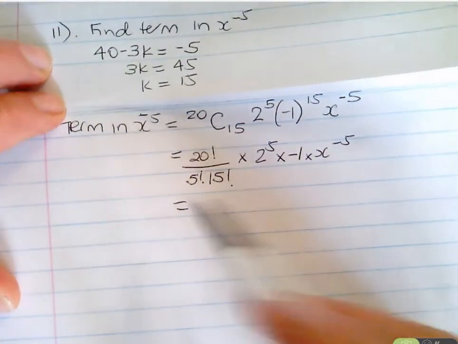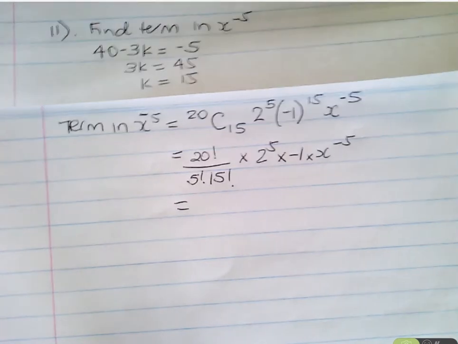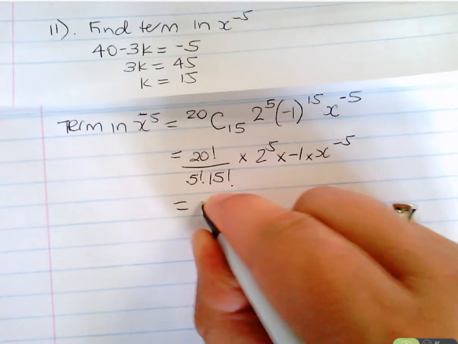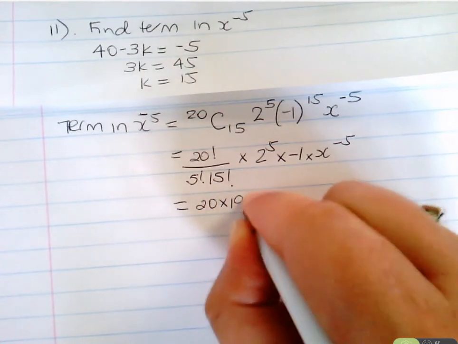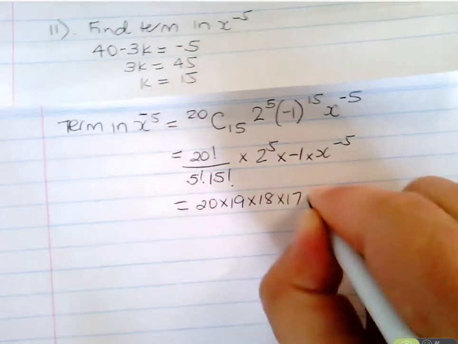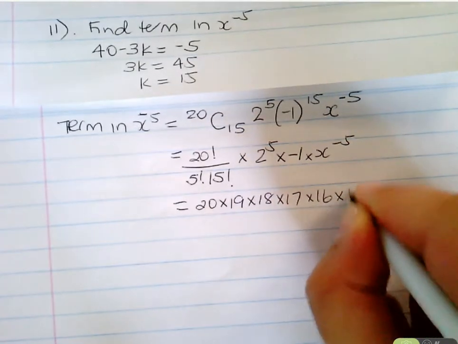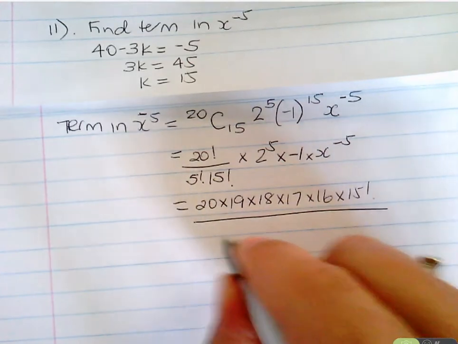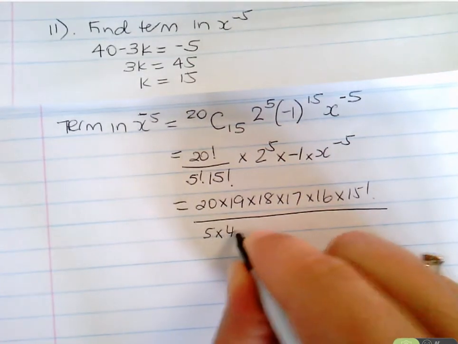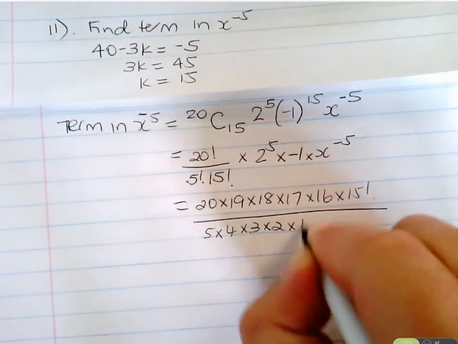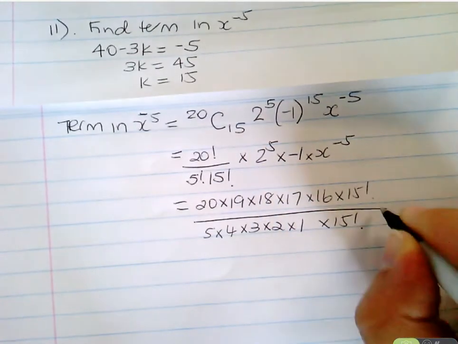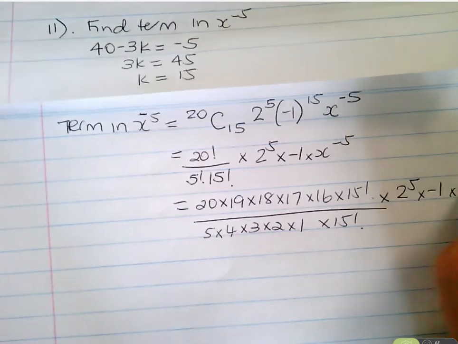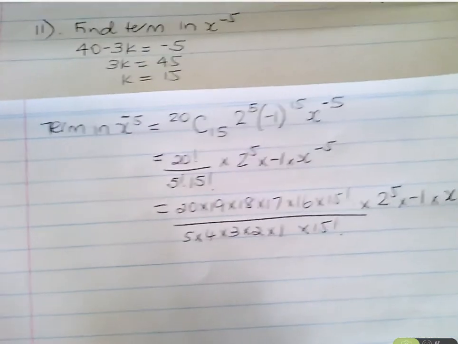So we've got to simplify this: 20 times 19 times 18 times 17 times 16 times 15 factorial over, breaking down the 5 factorial, 5 times 4 times 3 times 2 times 1 times 15 factorial, times 2 to the power of 5 times negative 1 times x to the negative 5.